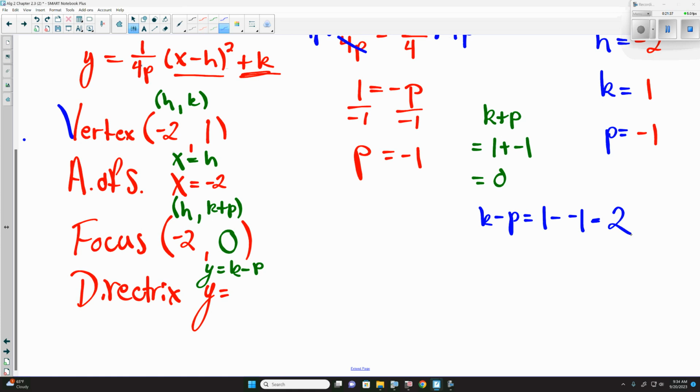So if we subtract a negative, 1 minus -1, it becomes positive, which gives us 2. Questions on this here?